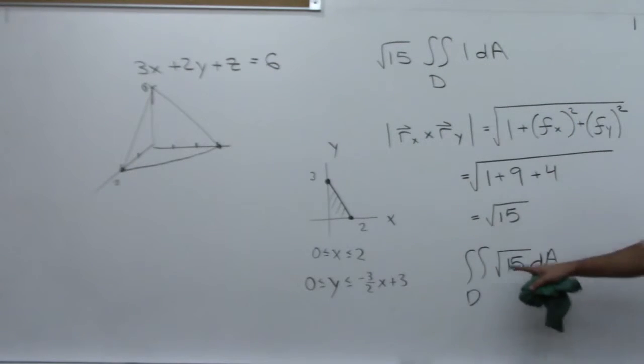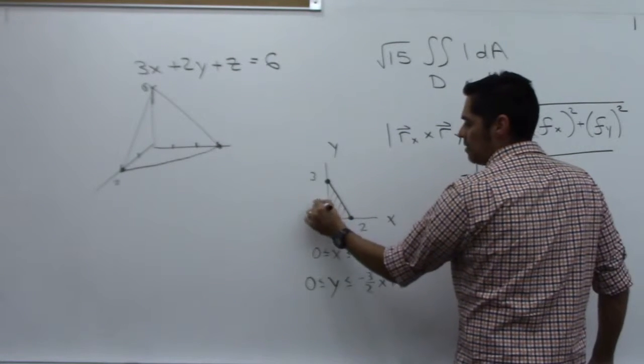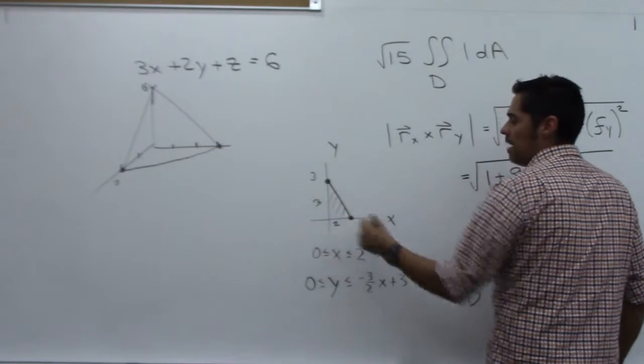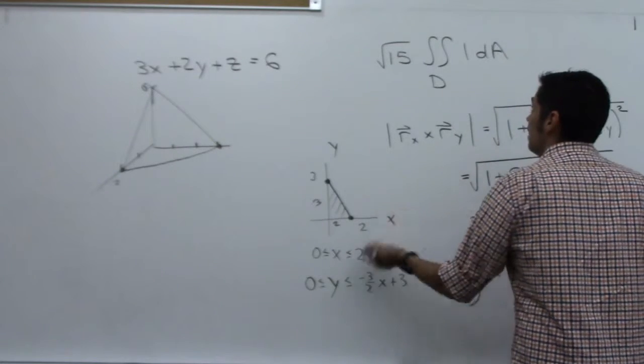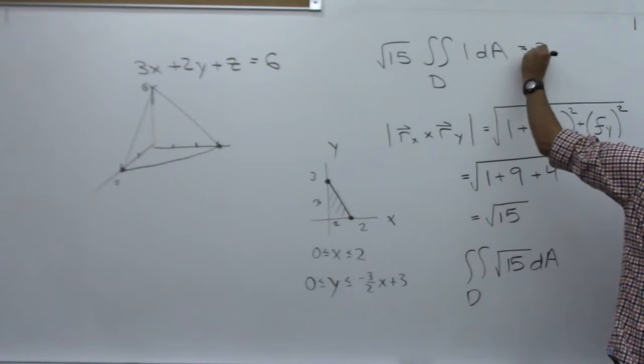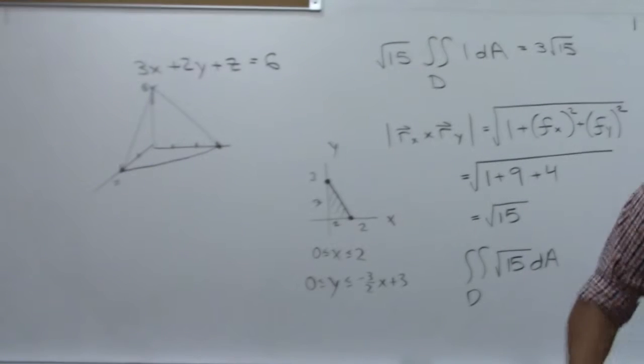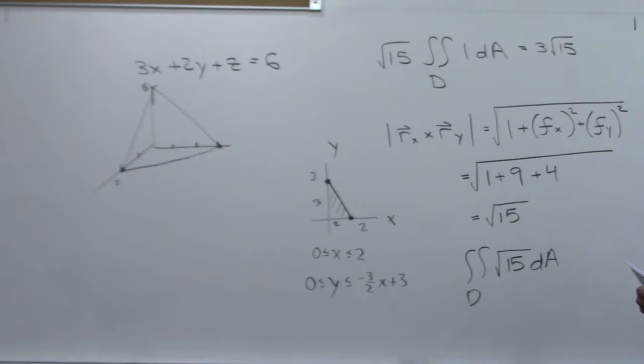And if I just know the area of that region, this is a triangle. The height is 3, the base is 2, so the area of that is half of the base times height. That's 3. So the area is 3, so 3 root 15. This was number 33. 3 root 14, what the heck?